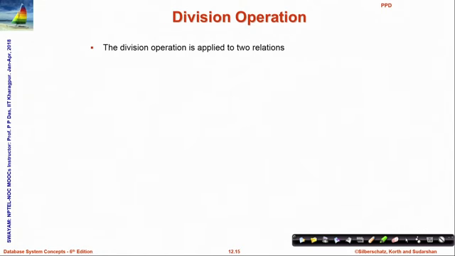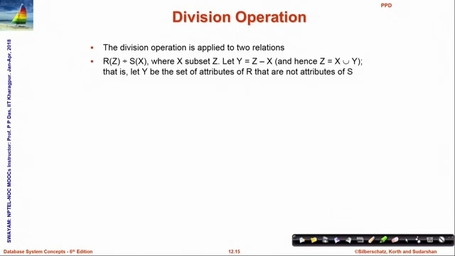Division is another operator in relational algebra that can be applied between two relations, but it is a derived operation. Let me show you by a little bit of a sketch.